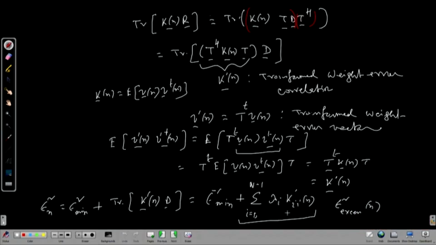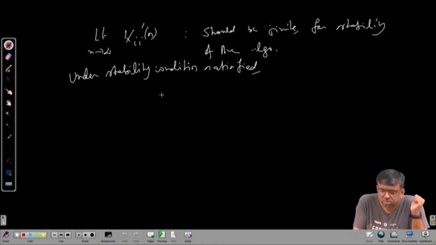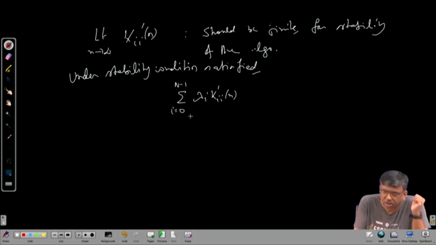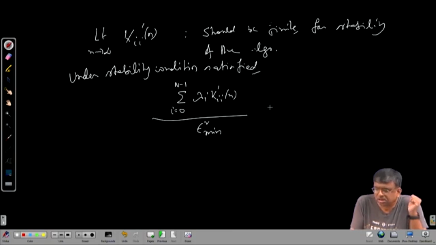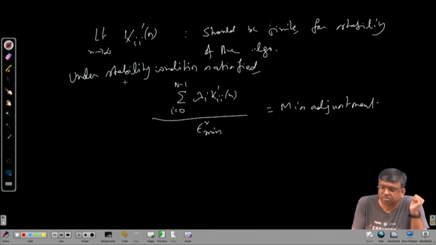Okay. We just normalize it to the minimum mean square error, epsilon square min, and give it a name. This term, summation lambda i as it is, i equal to 0 to n minus 1, we just normalize to this. This is called misadjustment. Obviously, under the stability condition, we denote it by M, misadjustment, M should be finite.